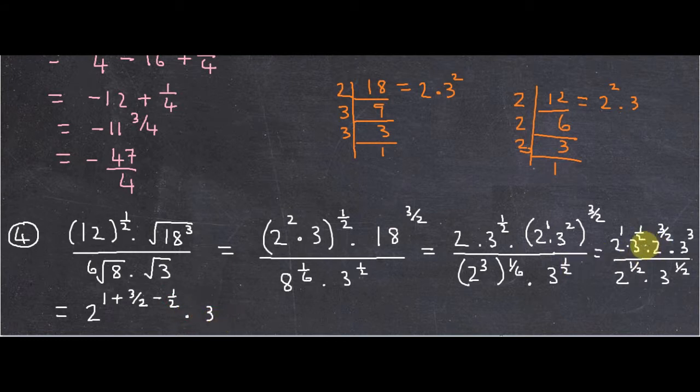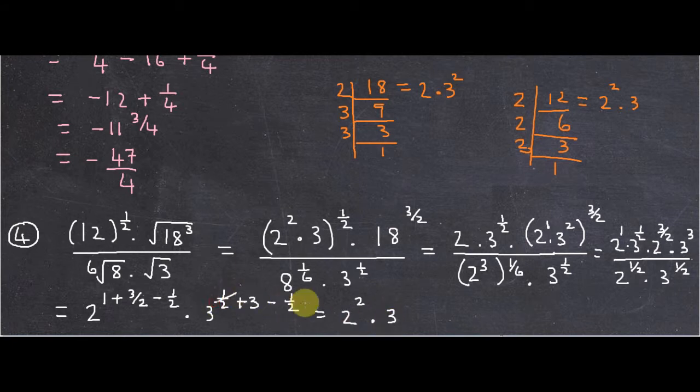Then adding and subtracting the powers of 3, we have a half plus 3, and subtracting the power in the denominator, so minus a half. We can simplify this. 1 plus 3 over 2 is 2.5, minus a half is 2.